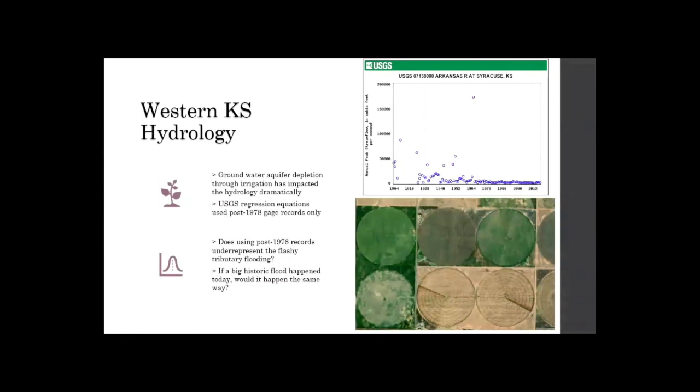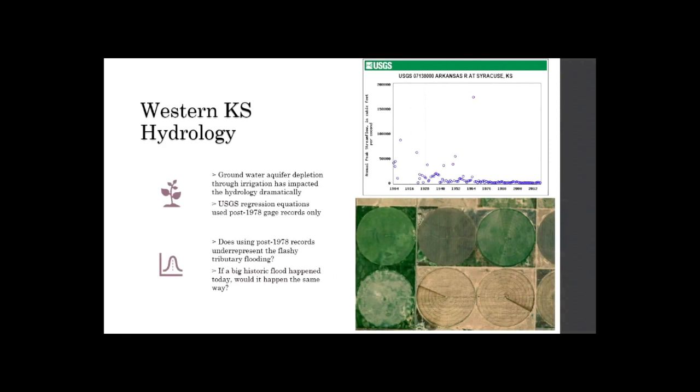Another challenge that we're confronting at the moment, because we've moved into the western part of our state, which has been largely unmapped and has a lot of hydrology challenges. Part of the challenges are due to the groundwater depletion through irrigation.